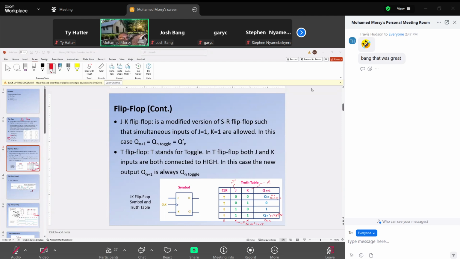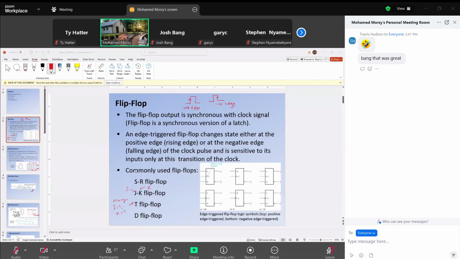So we spoke about the JK flip-flop. Then we spoke about the T flip-flop, and the T stands for toggle, which means in T flip-flop, another modification, we always have J is 1 and K is 1.